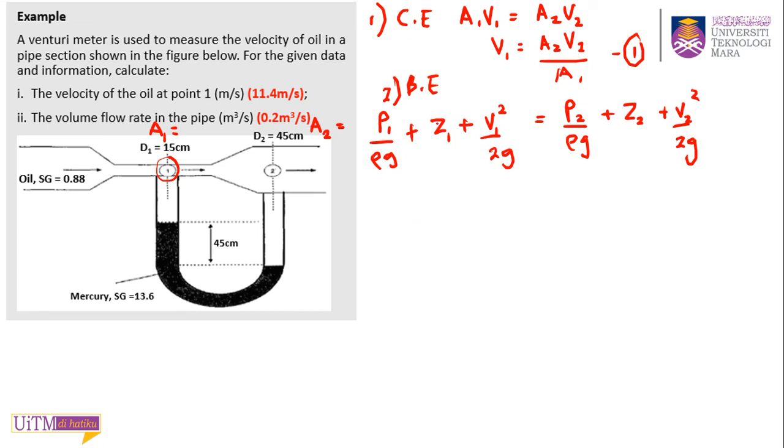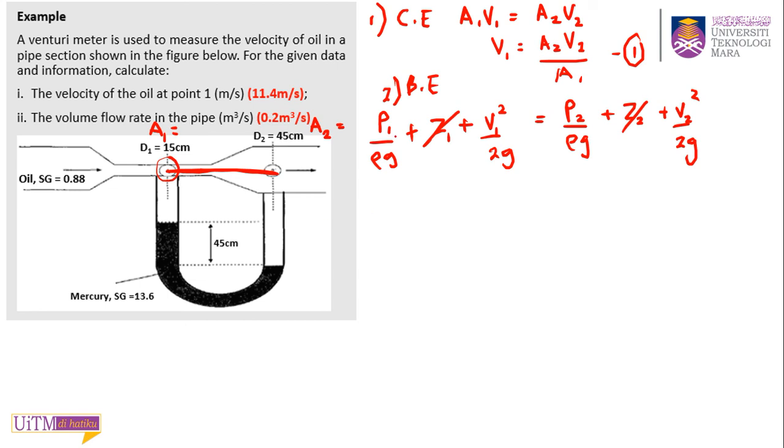Z. Okay, because Z1 and Z2 are at the same position horizontally. That means the elevation is the same, so you can cancel out the Z term. Alright, can we cancel out the other terms, P1, P2, V1, V2? You cannot, because there is no stagnation point and there is no large surface area or whatever. So all of these should have values. You cannot cancel out these terms.